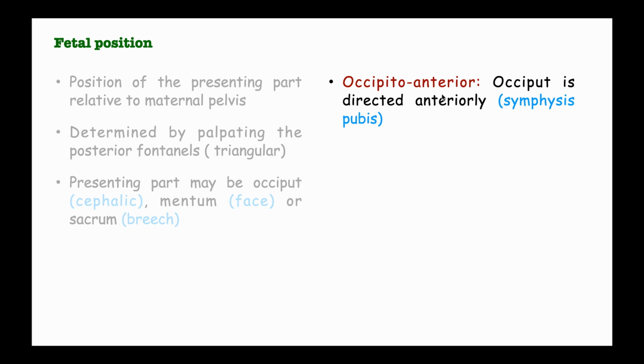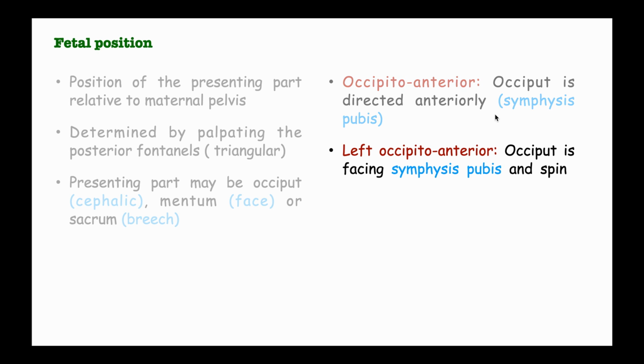Anterior, if you remember, I said anytime we mention anterior, it is in relation to the maternal pelvis, and specifically, we are talking about the symphysis pubis. And so when we say occipito-anterior, we mean the occiput of the baby is directed anteriorly, that is, towards the symphysis pubis.